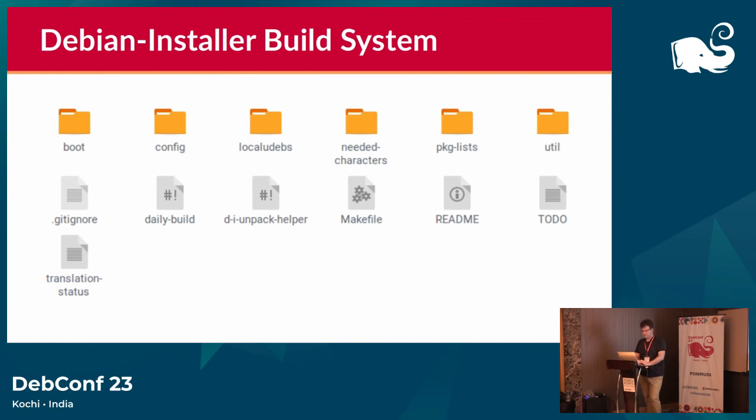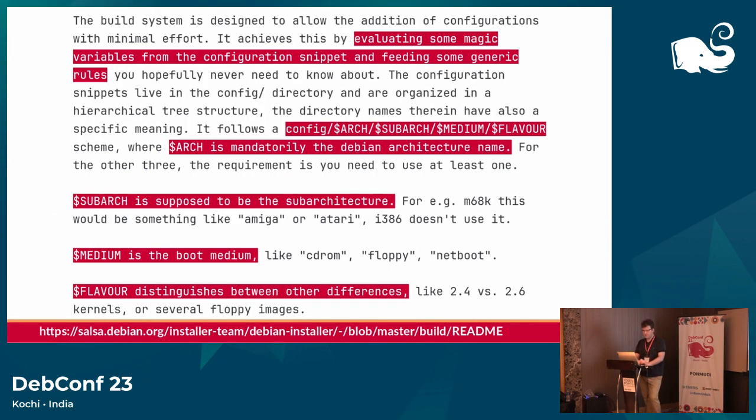All right, we have some directories. The most obvious thing to do is to open the README file, and it gives us hints about how the configuration is handled. It evaluates some magic variables from the configuration snippets and feeds some generic rules with it.